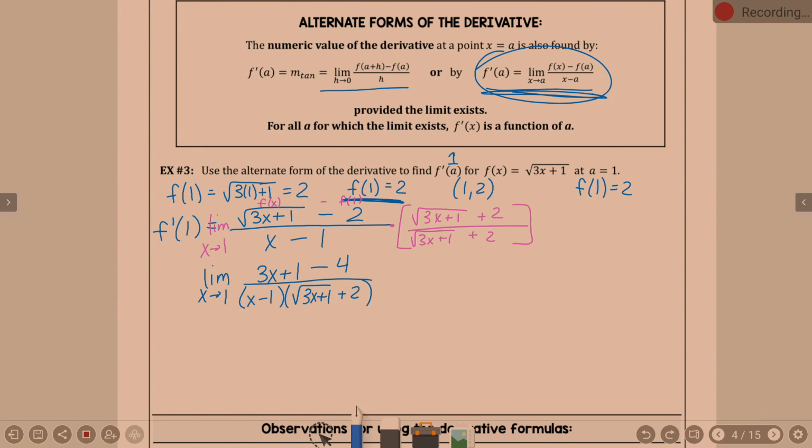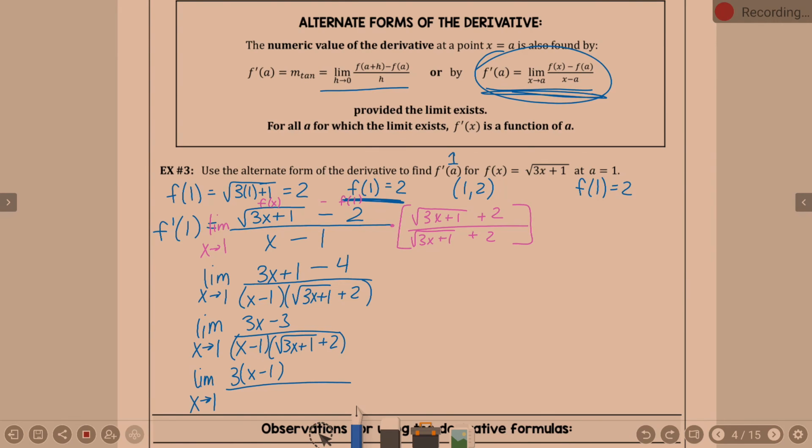Clean up that numerator. What does it become? 3x plus 1 minus 4 is 3x minus 3. The bottom, I'm just rewriting: x minus 1 times the square root of 3x plus 1 plus 2. What do you notice about the top? There's a GCF of 3, which leaves me with x minus 1.